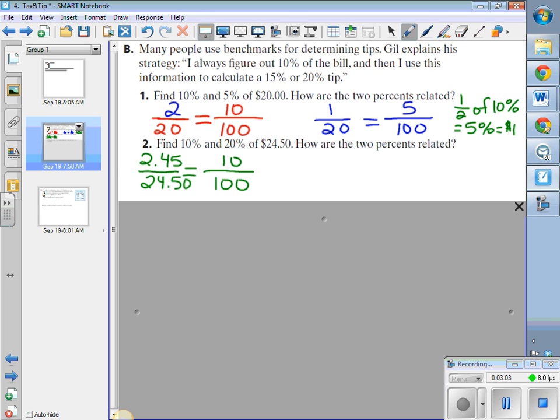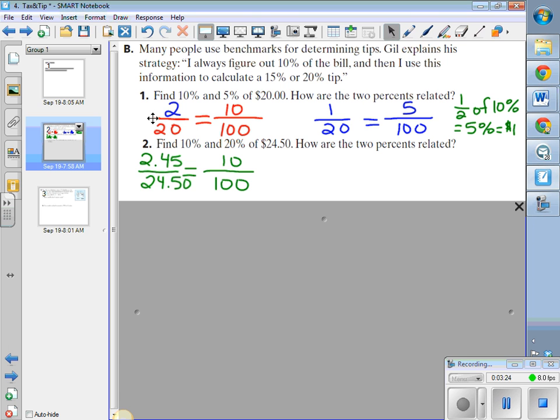Now to find 20% of that, using the same thinking as with half of 10, instead of doing another cross multiply and divide, I can do this in my head. 20% is just doubling 10%, right?